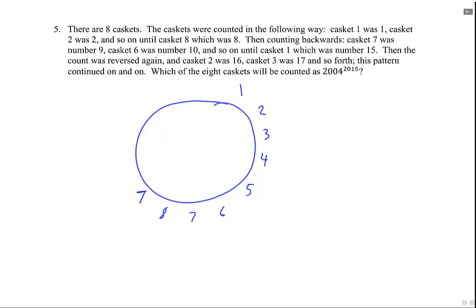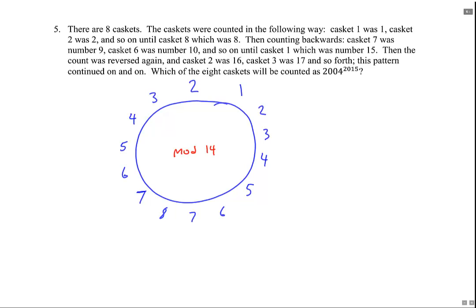So now counting down 7, 6, 5, 4, 3, 2, and then we hit 1, and then we do the same thing all over again. So the counting here is in a loop of 1 to 8, and then 9, 10, 11, 12, 13, 14. So it's actually a mod 14 loop.